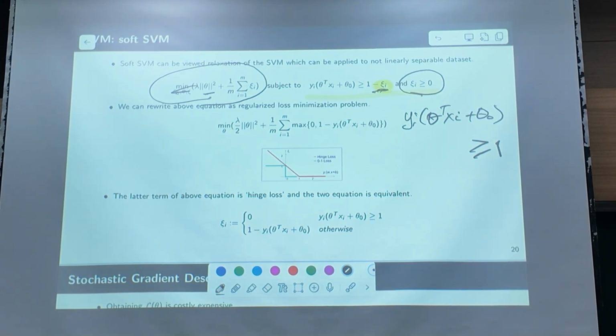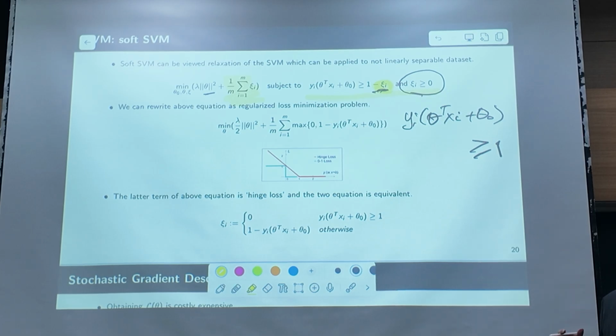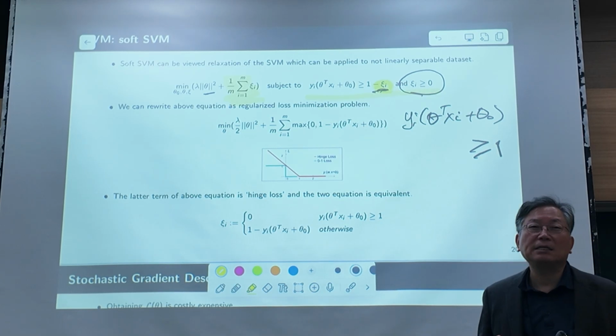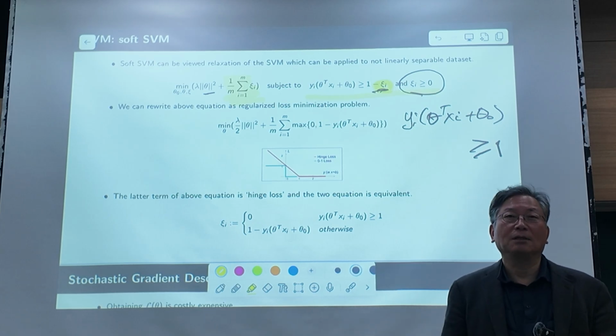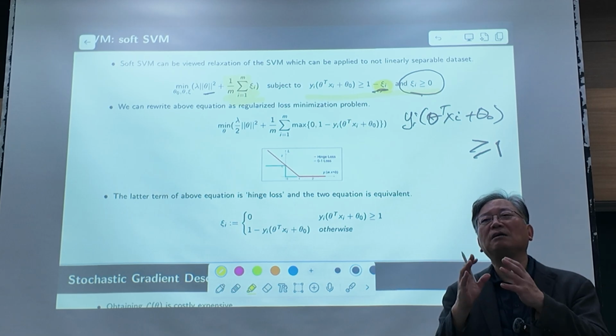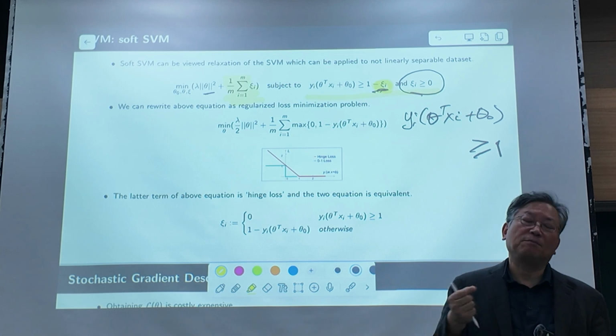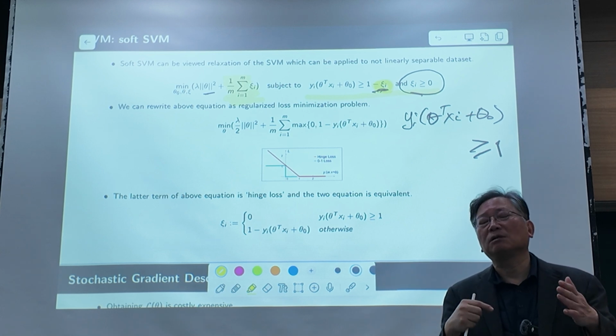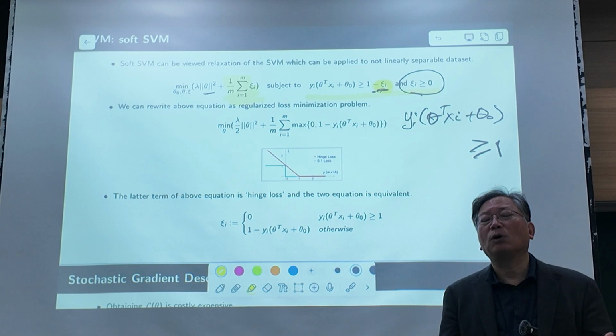I'm also going to try to minimize the sum value of psi i's, or the average value. So I'm going to try to minimize the accumulated violation. If going into that region is, if you consider that as a violation, I want to minimize that.